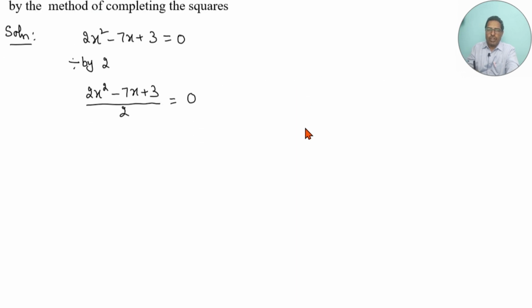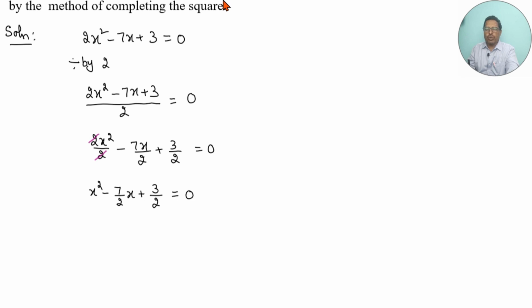Each term is divided by 2, so we get 2x square by 2 minus 7x by 2 plus 3 by 2 equals 0. The 2 and 2 cancel, and we are left with x square minus 7 by 2 times x plus 3 by 2 equals 0.